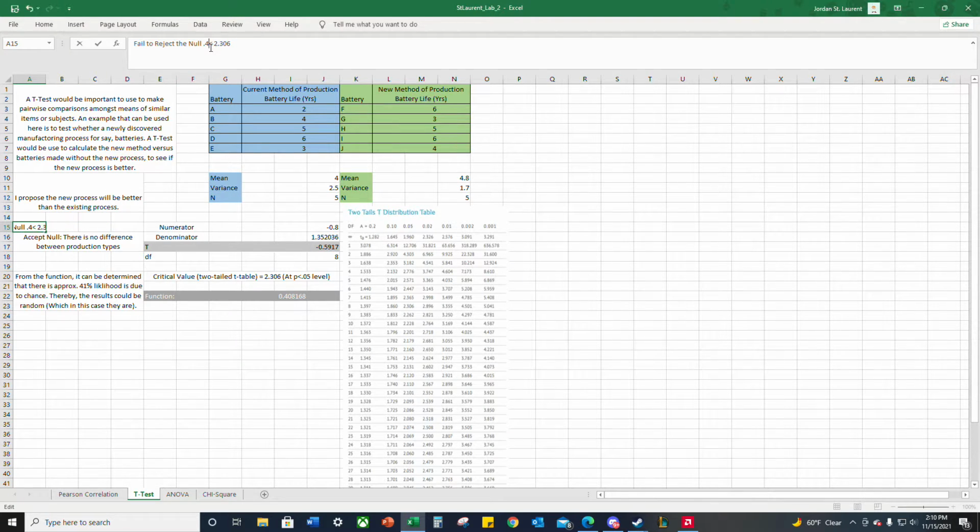Nevertheless, this value is far less than 2.306, so we have to accept the difference there. From the function, it can be determined that there is approximately a 41% likelihood due to chance. This is determined by the F-test function here. Considering that all this data is randomized, this is very likely.